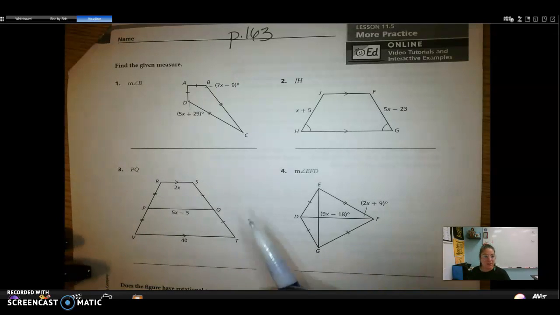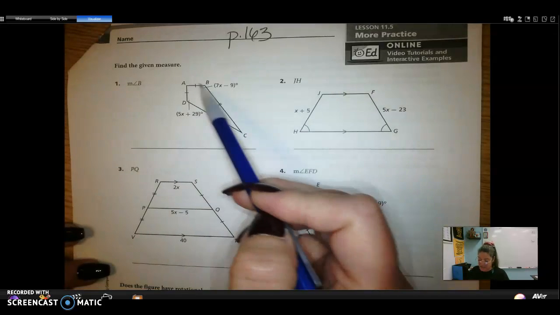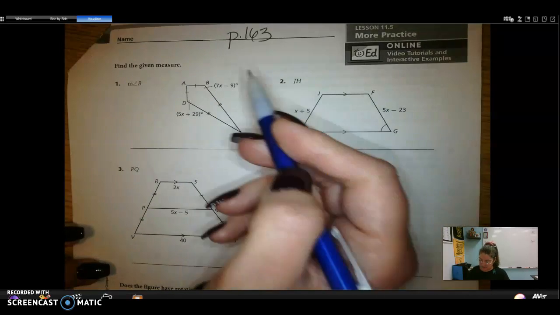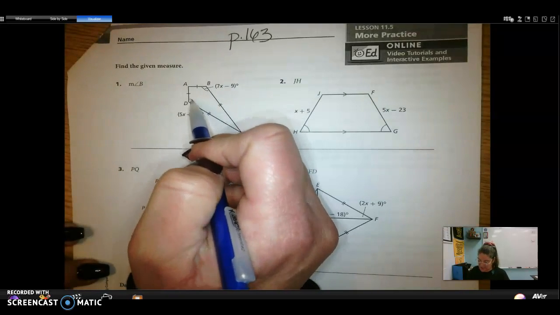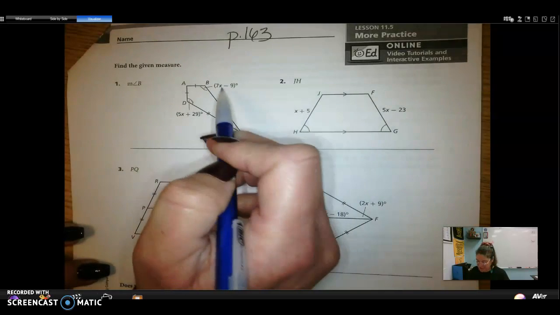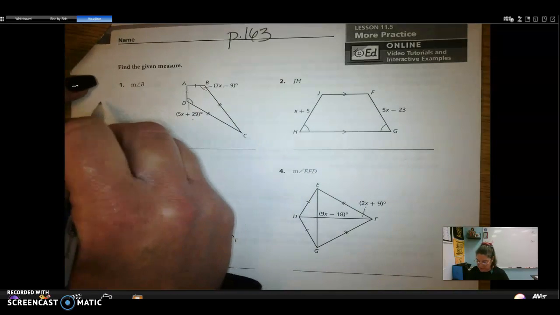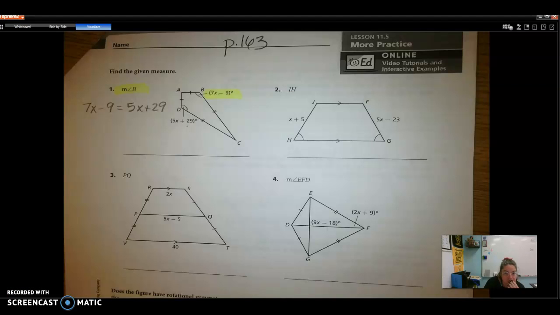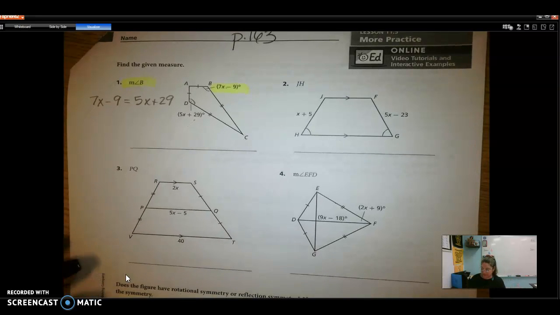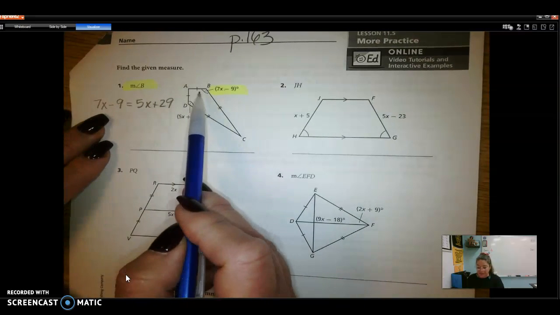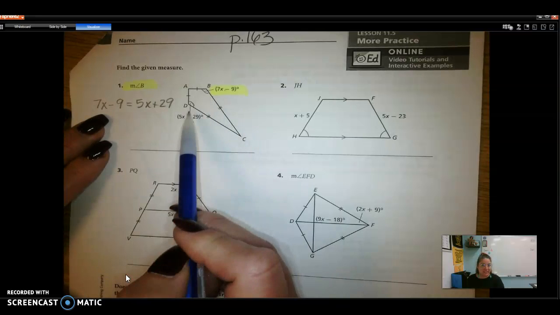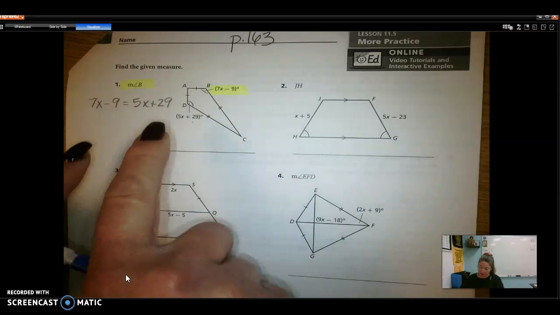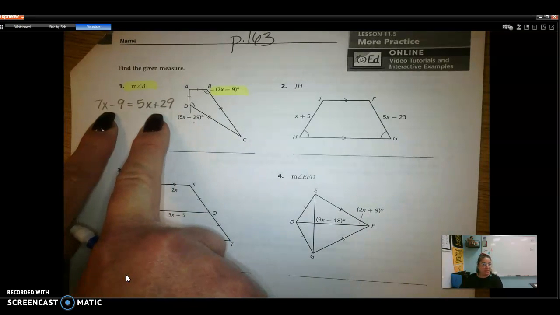Let's take a look at number 1. This is a kite, and in a kite, there's one set of opposite angles that are equal to each other. So you set these two equal to each other. Sorry about that, guys, you got cut off there for a second. Again, there's one set of opposite angles that are equal, so you're going to set these equal to each other.